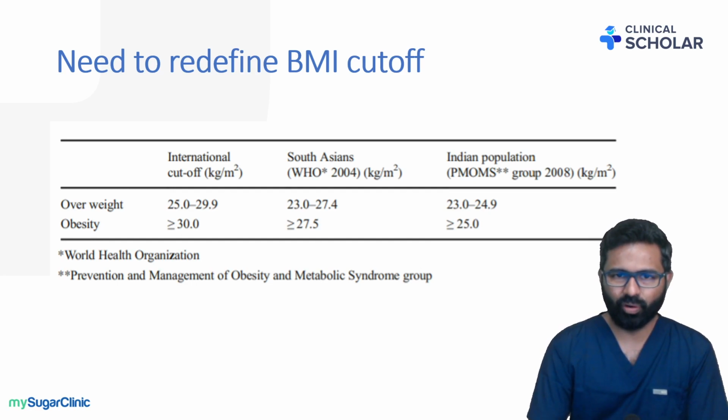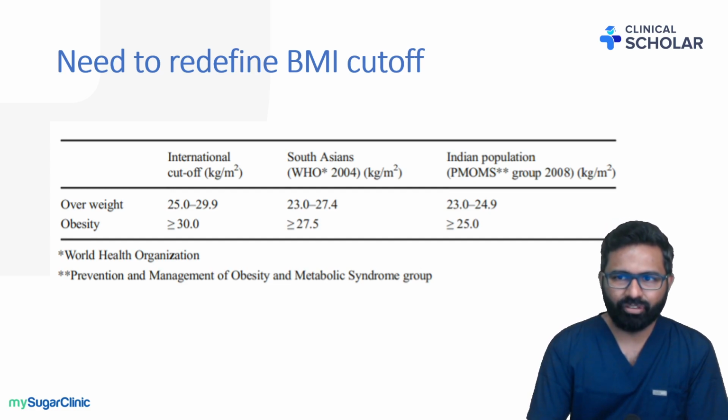But in 2004, because of this reason, WHO redefined the obesity cutoff for South Asians, with obesity defined as more than 27.5 kilogram per meter square and overweight as 23 to 27.4.